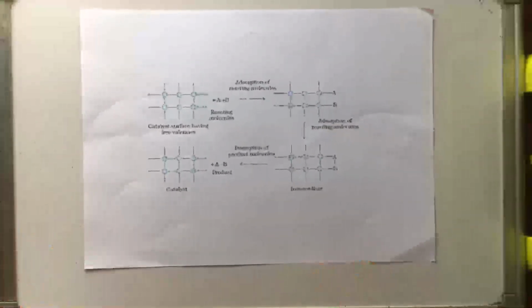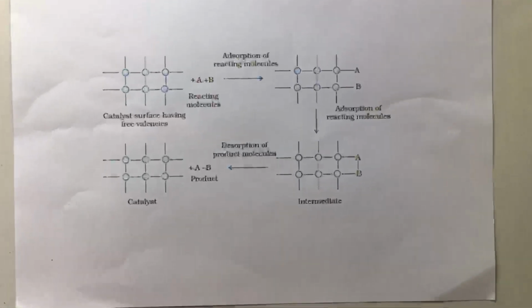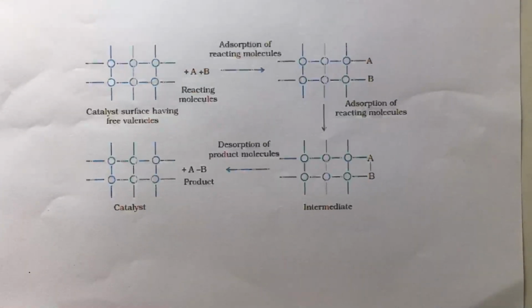Let me show you the diagram that is given in your NCERT. You can also refer to this diagram in the NCERT book, students. See, this is the diagram given. It is given on page number 132 in your NCERT book.